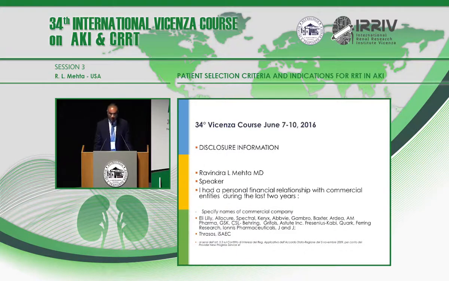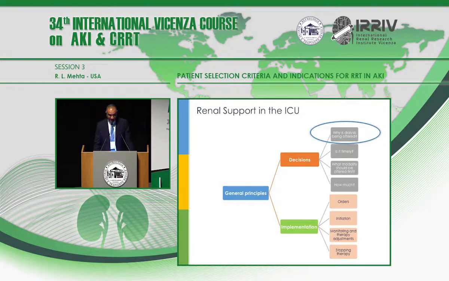As these are my disclosures, as you'll see from this title about patient selection indications, there's a fair amount of overlap with the next topic which Sean is going to give. But when you think about what clinicians need to do for making decisions for renal support in the ICU, you have both these elements to consider.